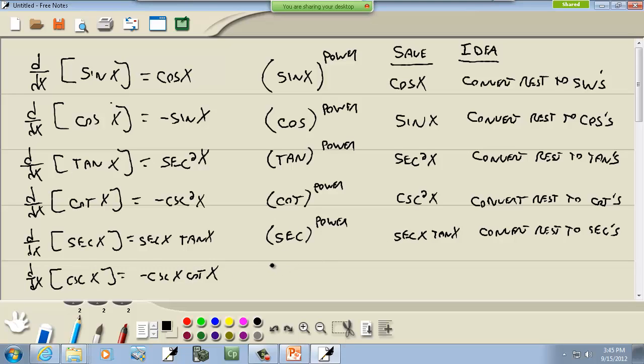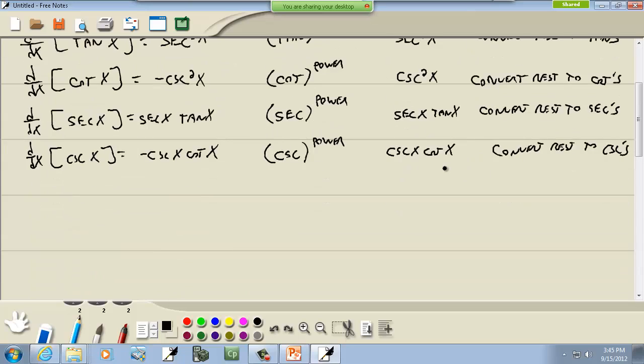Okay, so this one will have cosecant to a power, and we'll need to save cosecant x, cotangent x, and then convert the rest to cosecants. Now that's a general idea. We're going to see some of these have a little bit different twist to them, but we're going to go with that.